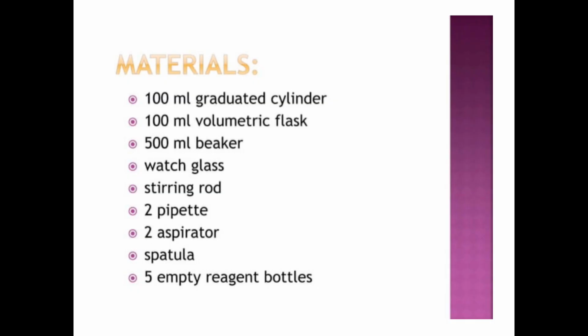Some of the materials we are going to need to prepare these substances: we are going to need a graduated cylinder, or what we call a measuring cylinder, for the purpose of other experiments that you may want to perform.